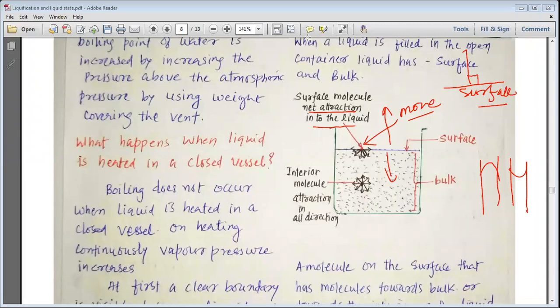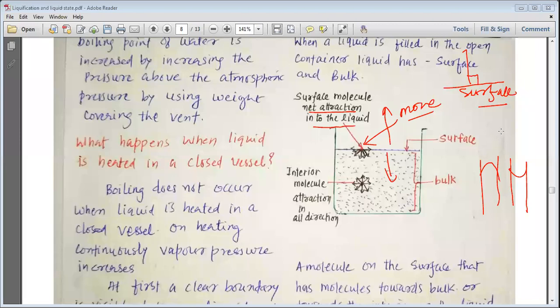Same way, my dear students, we have seen that whenever liquids fall, they form droplets. These droplets are majorly spherical in shape, and this spherical shape is because they want to keep their surface minimum, and as they want to keep their surface minimum, they make a spherical shape.